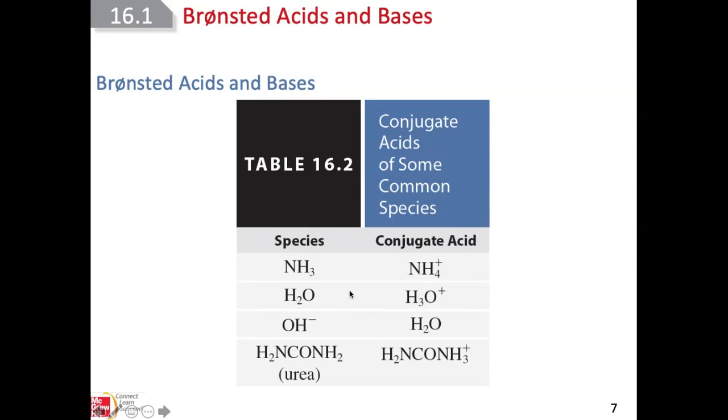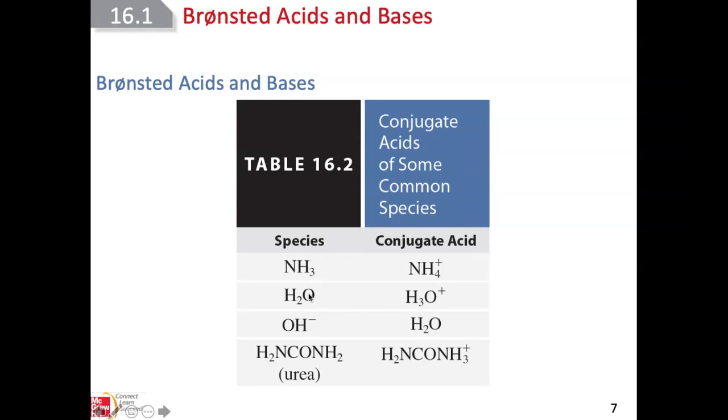But in this one, they are giving you the conjugate acid of some of the species. So if this behaves as a base, it should accept H plus, and then NH4 plus becomes its conjugate acid. These are now pairs of base and conjugate acid.